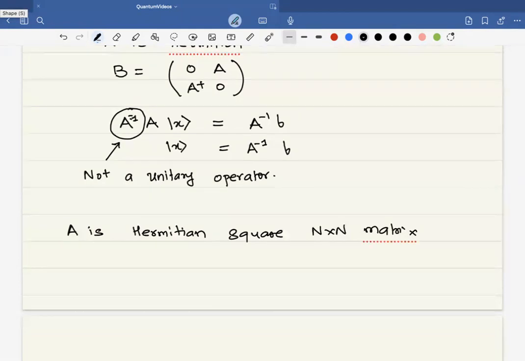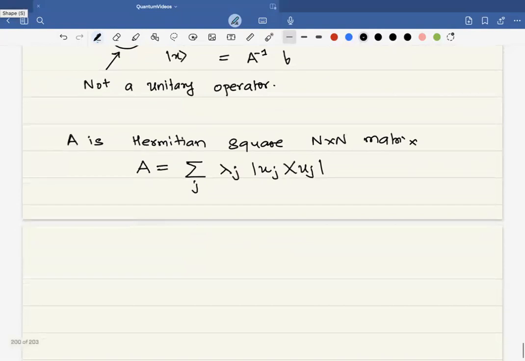Since A is Hermitian, A has a spectral decomposition. So let's write the spectral decomposition of A, and assume that all the eigenvalues lambda j are strictly greater than 0. So A is invertible.